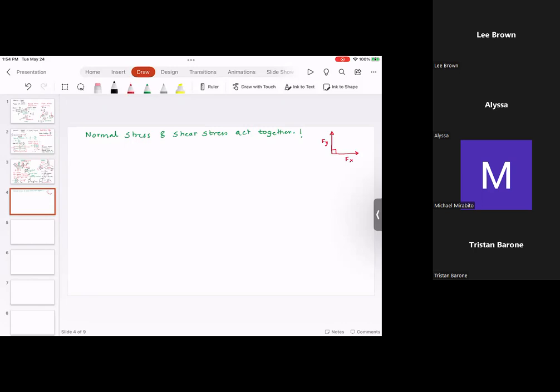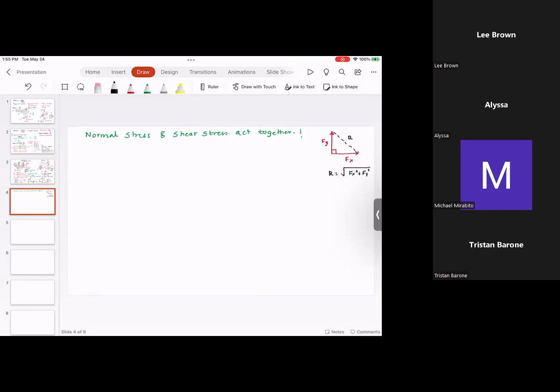Once we have F_x and F_y perpendicular to each other, you get a resultant force. And we know the magnitude, which is the hypotenuse, the square root of F_x squared plus F_y squared. And that gives me the resultant force.